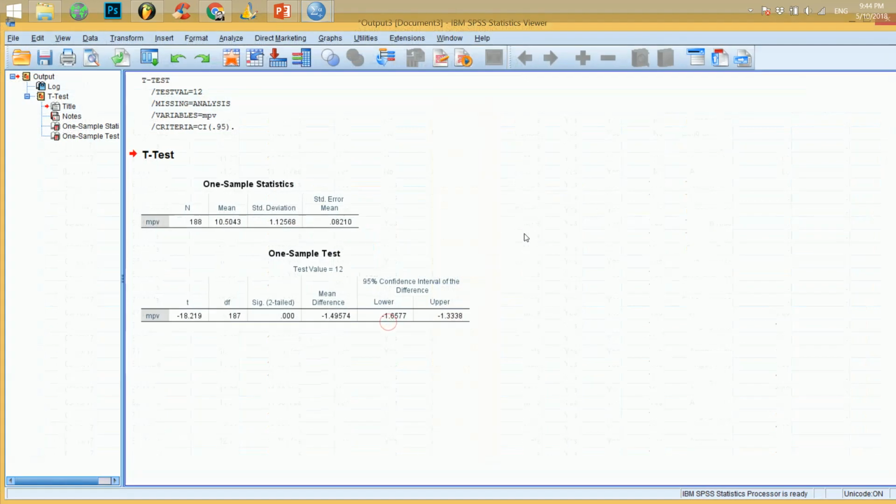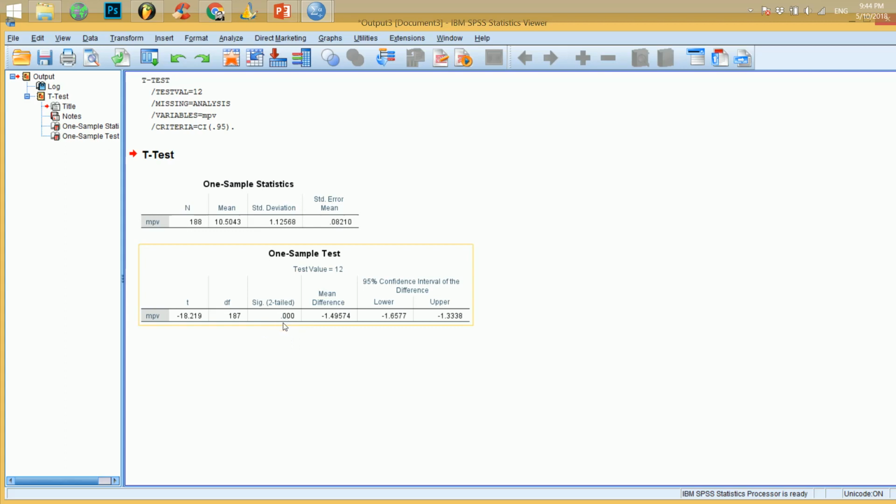So when we run this test, we get these two tables. The first one is telling us about the mean which was found in the population, and the second one is telling us about what we gave it, which was 12, and then it tells us whether it was significant or not. So in this table, the two most important things that you should be caring about to report actually is the level of significance which is obtained, the p-value, and the second is the t, which you would be reporting in your final report.